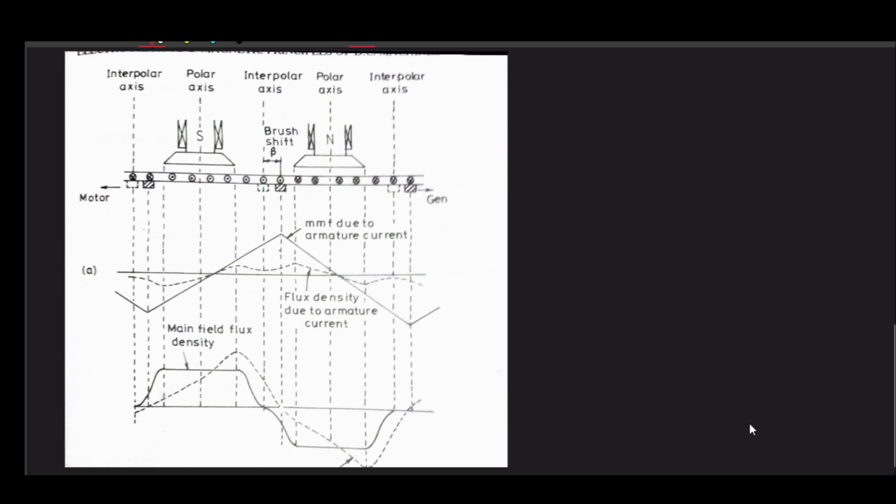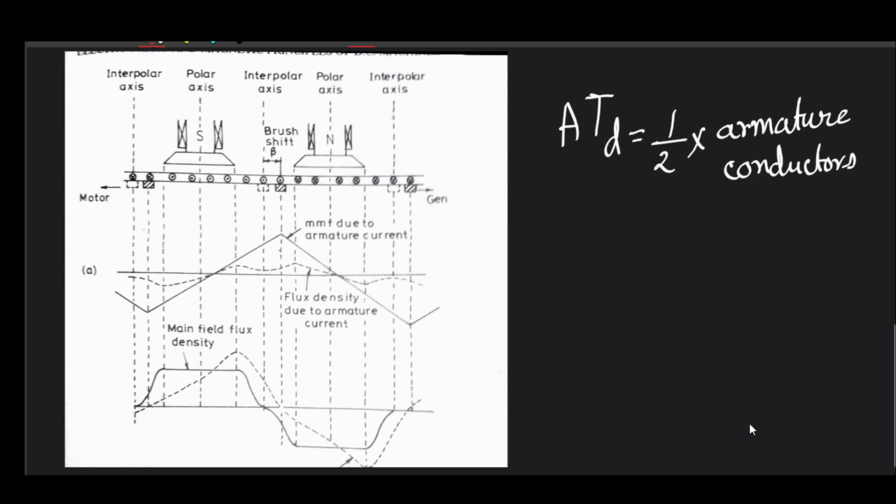So it is somewhat a correct decision, but the problem is knowing the brush advance before you load your machine: how can you know the value of the current that you need to supply? That is an issue with the brush shift approach.